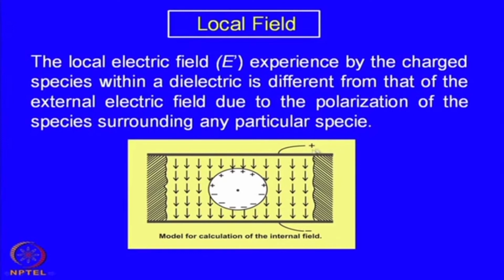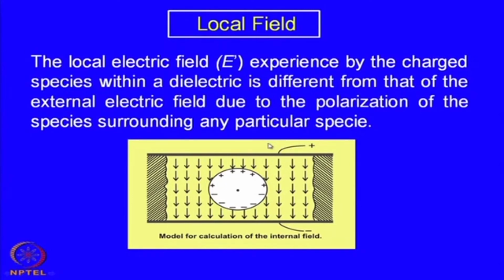So, the external field generates these dipoles, and these dipoles have an influence on the neighboring dipoles or neighboring charges. As a result, at a particular point the field experienced by any charge species is different from what we apply from outside.